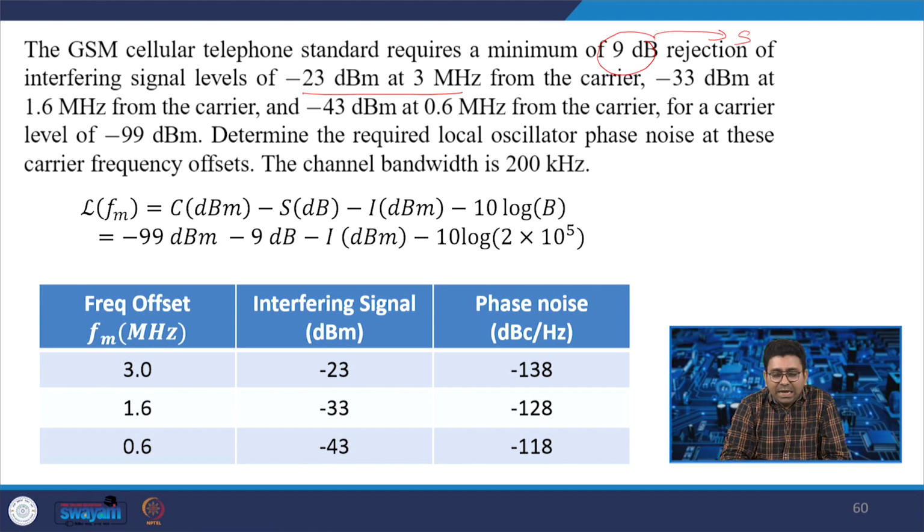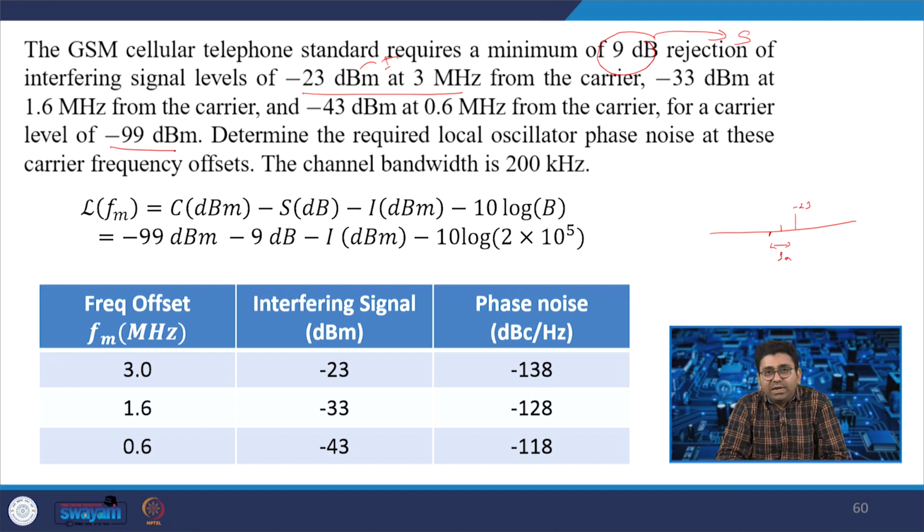The interfering signal level has an amplitude of minus 23 dBm, which is nothing but I, at 3 megahertz from the carrier, then minus 33 dBm at 1.6 megahertz, which has a little bit lower amplitude, and minus 43 dBm of interference at 0.6 megahertz. The carrier level is minus 99 dBm.